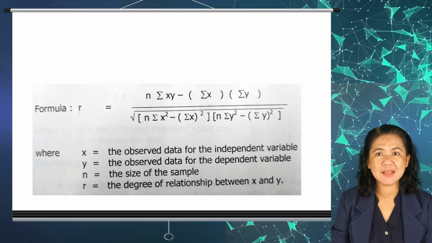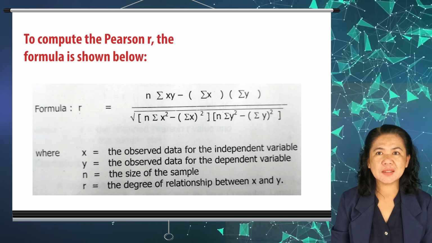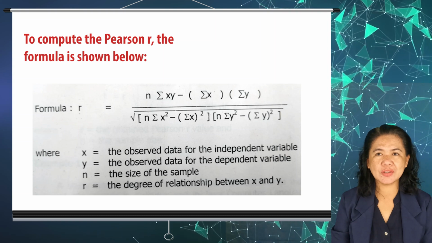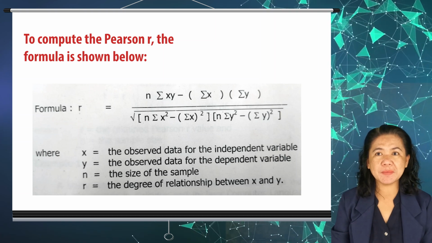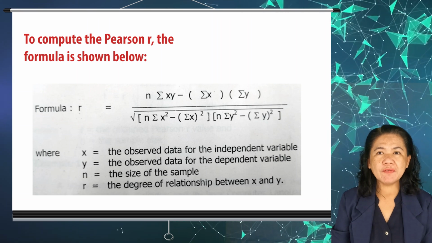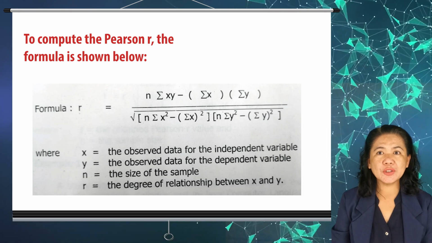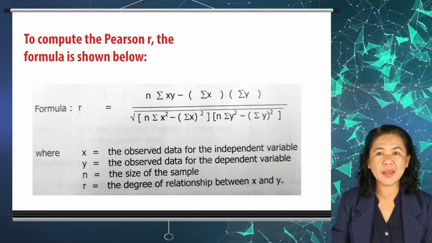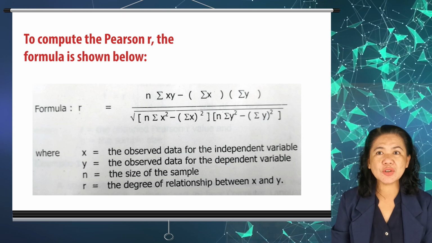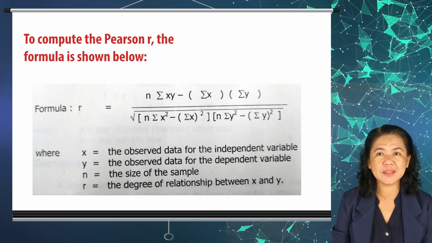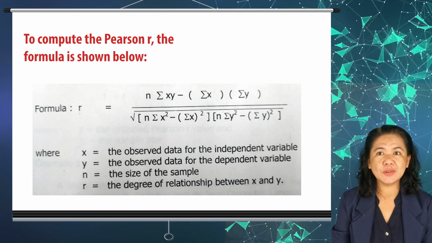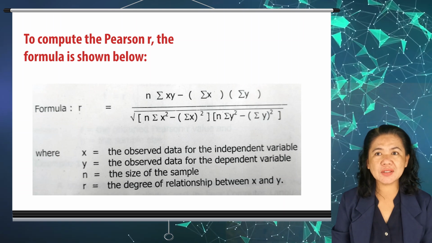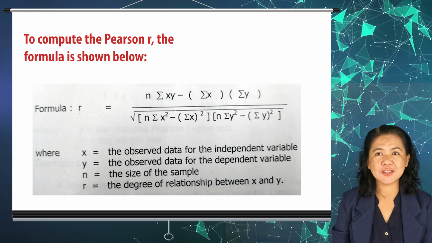The formula is r equals N times the summation of xy minus the summation of x times the summation of y, divided by the square root of N times the summation of x squared minus the summation of x, squared, multiplied by N times the summation of y squared minus the summation of y, squared.